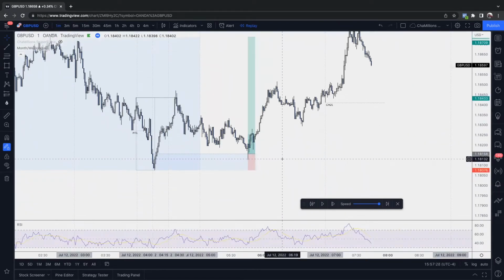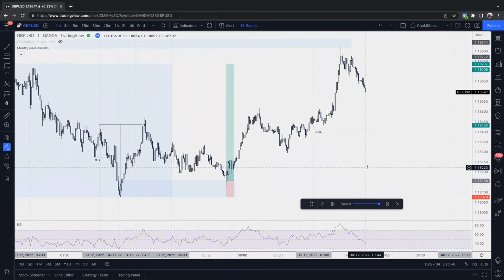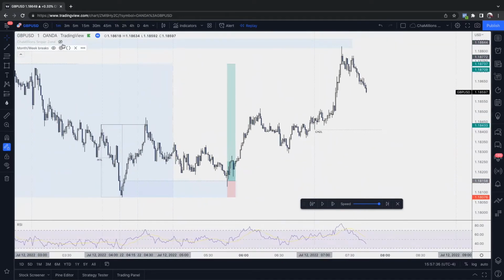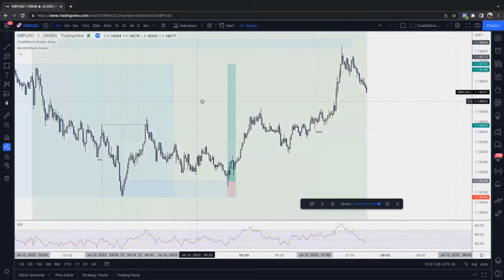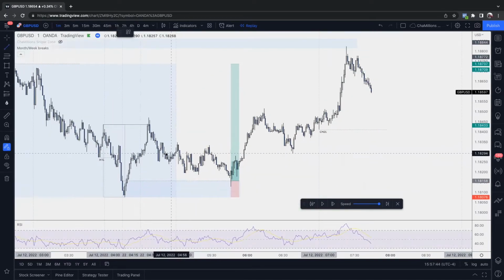So if I'm anticipating this 4-hour candle to maintain, what I realize is that in this next H4 candle, what price is essentially doing now is we are creating price open here.